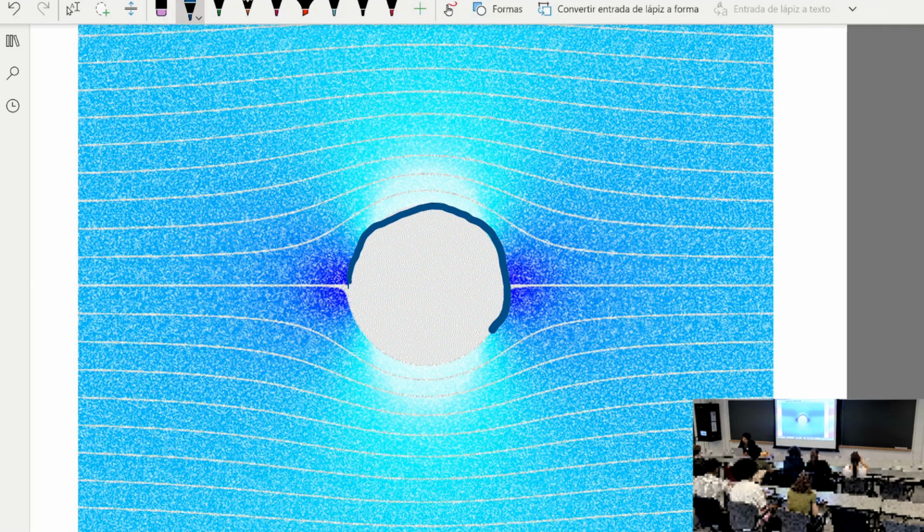You can think about a cylindrical sheet that encloses the cylinder, and the circulation is actually different everywhere.